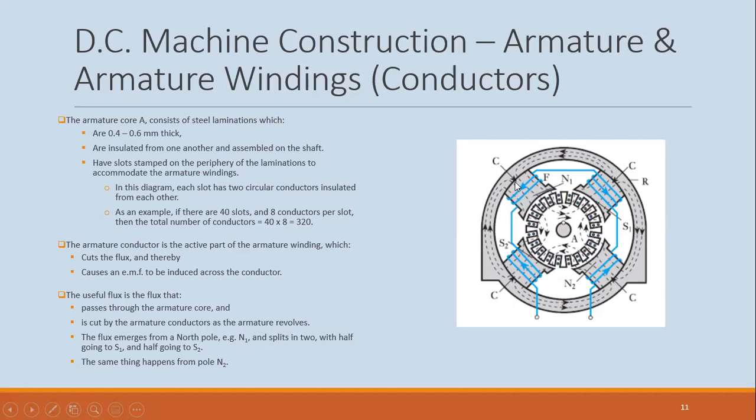The useful flux will be those that are passing through the armature core and linking the armature conductor, as opposed to leakage, which would only be cutting, say, the field winding conductors alone.